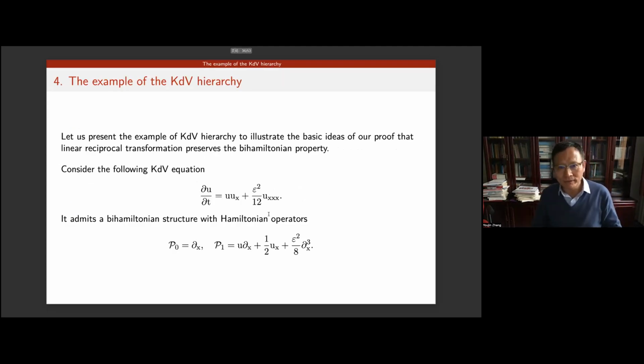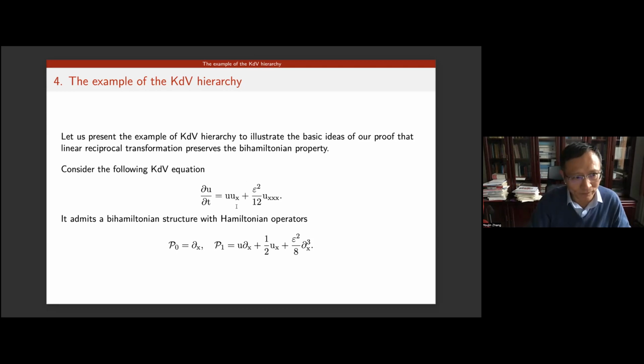Then let me explain our consideration of the transformation law of Hamiltonian structures and linear reciprocal transformations. We are already prepared. Let me use a simple example, the KdV equation, to explain our way of studying these transformation laws of Hamiltonian structures.